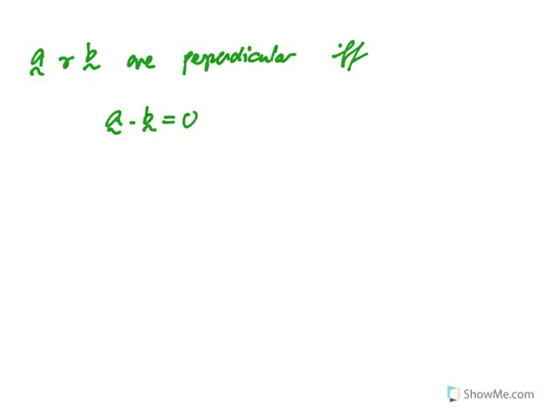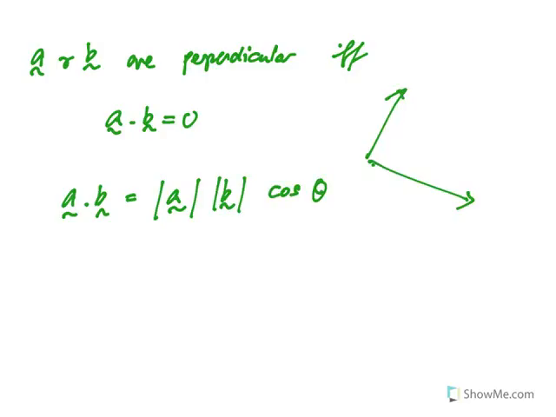In vectors 1 they didn't teach plane, they just taught in general two vectors, A and B. A and B are perpendicular if and only if A dot B equals 0. Why is it? Because by definition, A dot B is mod A, mod B, cosine theta, where theta is the angle between A and B.